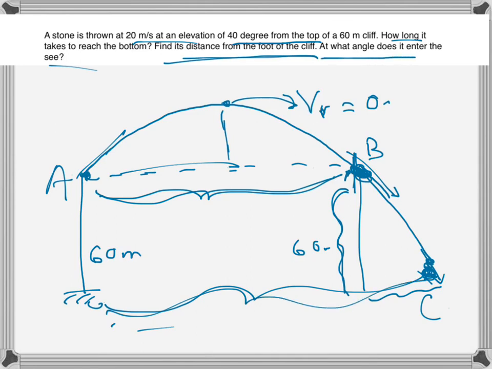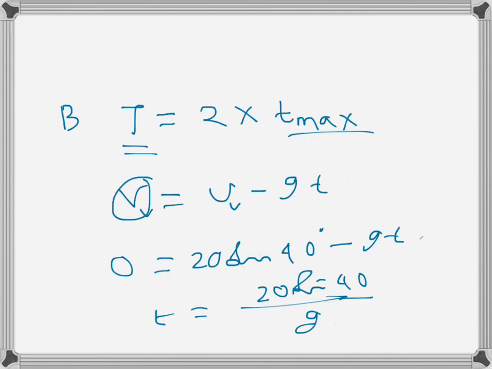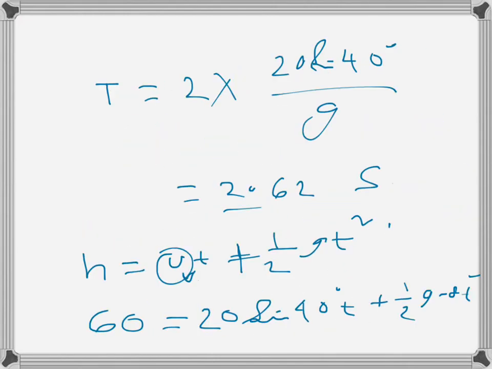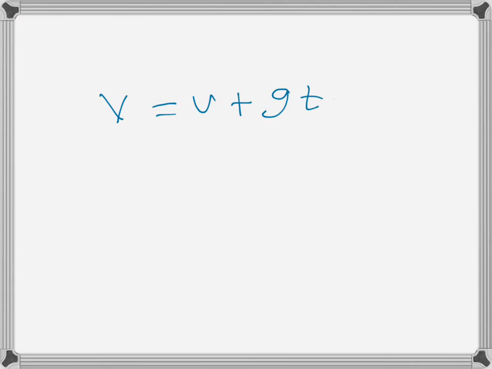Finally, we have to find at what angle it enters the sea. To do that, we have to find the velocity at point C. When we say velocity, we are talking about the vertical component of the velocity, because the horizontal component is still the same. So if we think of this equation, v is equal to u plus gt, plus because it is accelerating downwards, and we are talking about from point B, so u is the velocity at point B, and v is at point C. These are all vertical velocities.